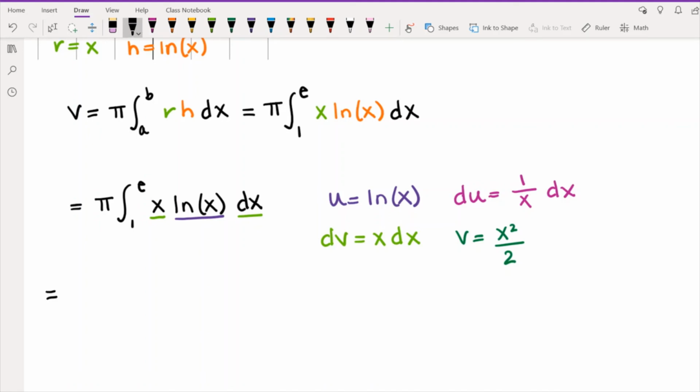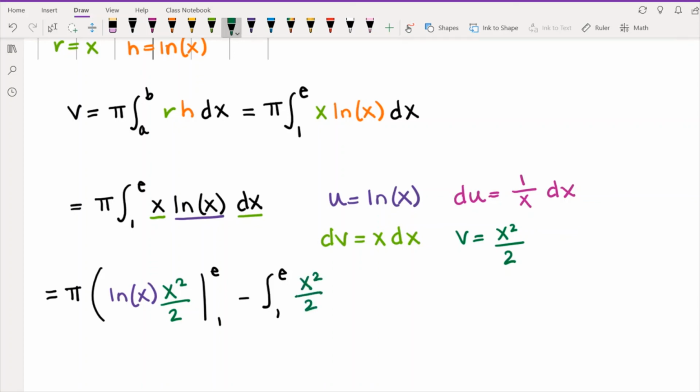So our answer here is going to be pi, so we can't forget about the pi, times u times v, so that's ln of x times x squared over 2. And we're going to have to eventually evaluate that at e and at 1, minus the integral from 1 to e of v du. So that's going to be x squared over 2 times 1 over x dx.